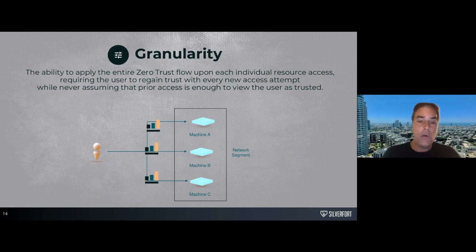And what if the attacker was able to actually bypass that security checkpoint? Well, then they'd have access to all of the machines on that segment, right? So our goal here is to apply a level of granularity to every single resource, not just segments of machines or parts of systems, right? To be able to control that level of granularity.